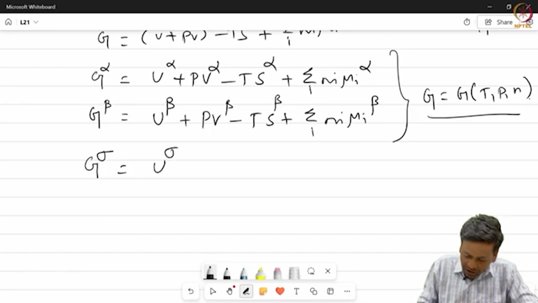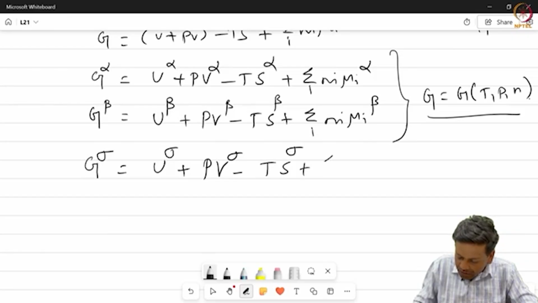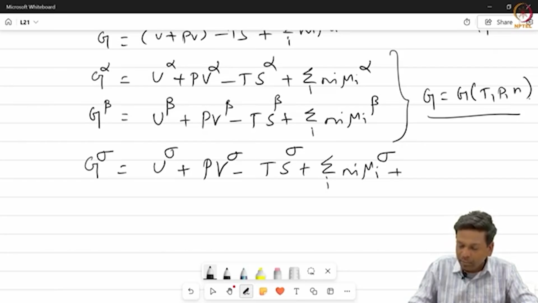You can say that as U sigma plus PV sigma minus TS sigma plus the summation over i of n_i mu_i sigma. Remember, in addition to T, P, N, for the interface you also have the interfacial area, which is also important.